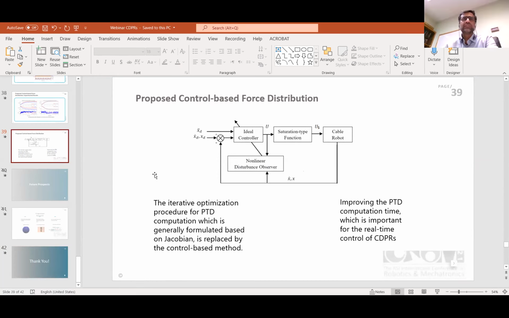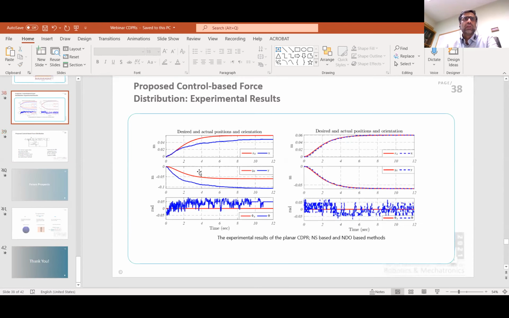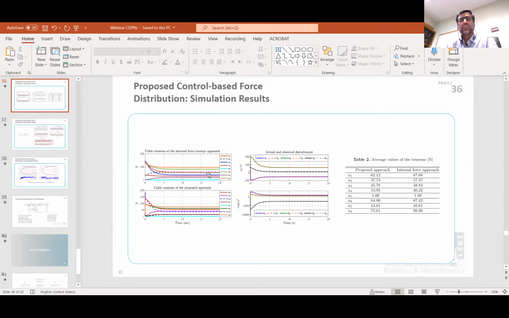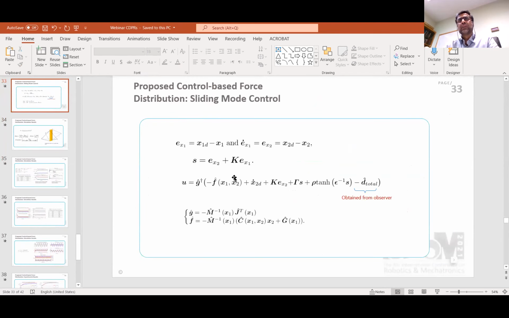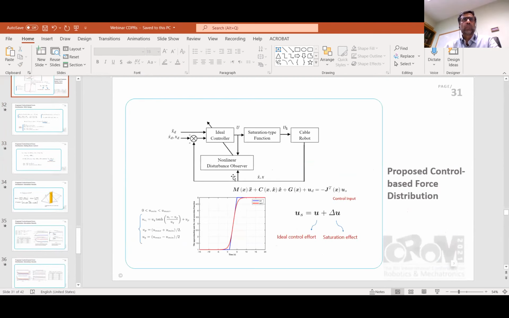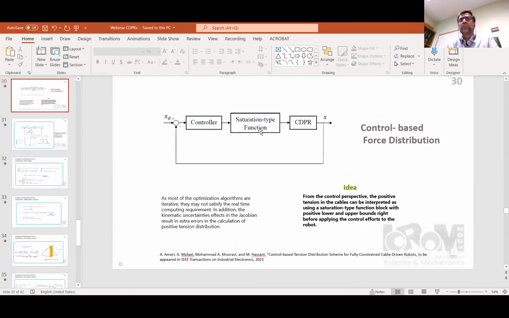Thank you, a good question. As I said before, in this control scheme, we estimate the effect of a saturation type function, and then we compensate it through our controller.